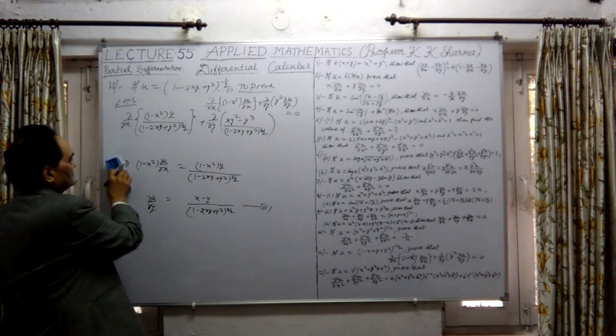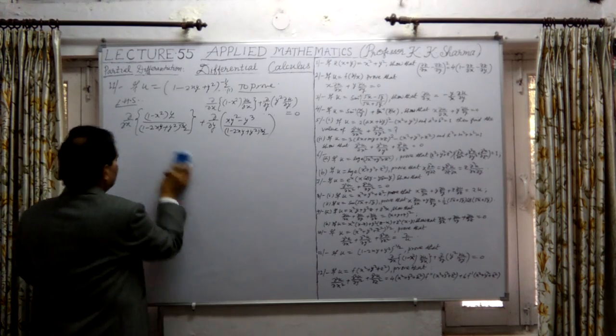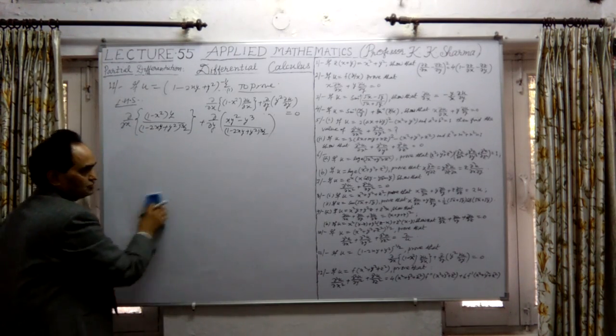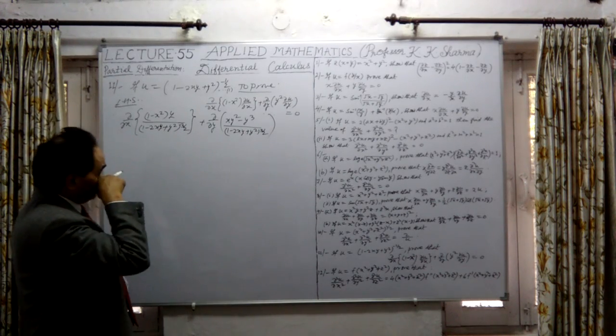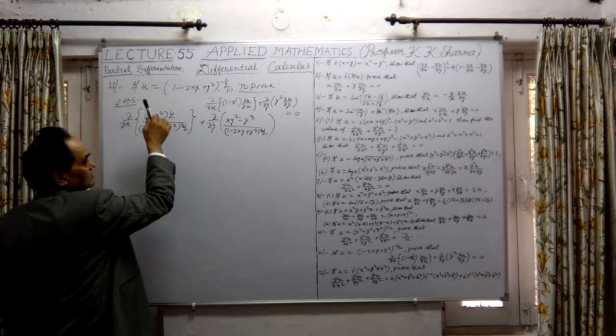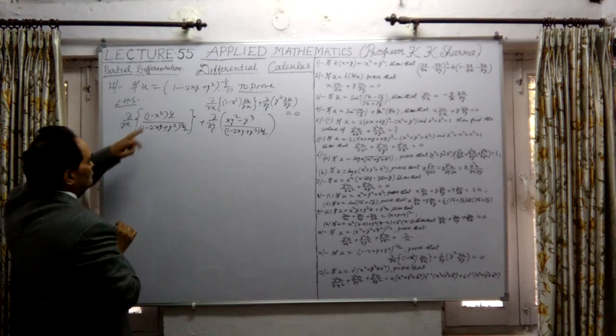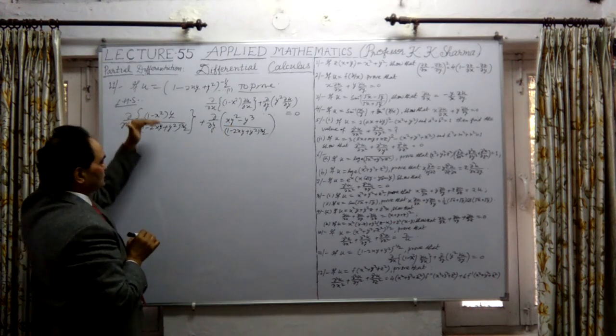Now let me differentiate each part of this. Okay, both the parts are differentiated. Now let me check whether it is equal to 0 or not. Let me differentiate this. So this is numerator upon denominator, but it includes x here, it includes y here, so both will be differentiated by the quotient rule.